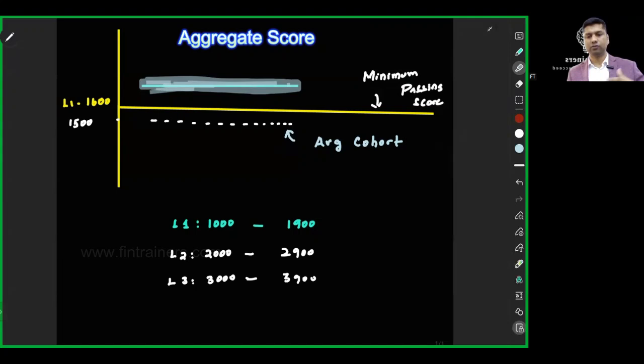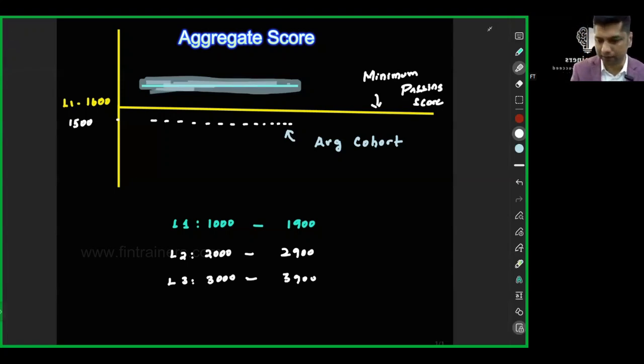That gives you a confidence interval, a range in which you might have scored on any given day. Because you got this score doesn't mean this is what you will get if you sit for the exam with the same level of difficulty next time. This is particularly useful for students who might have scored a little bit less than the MPS.